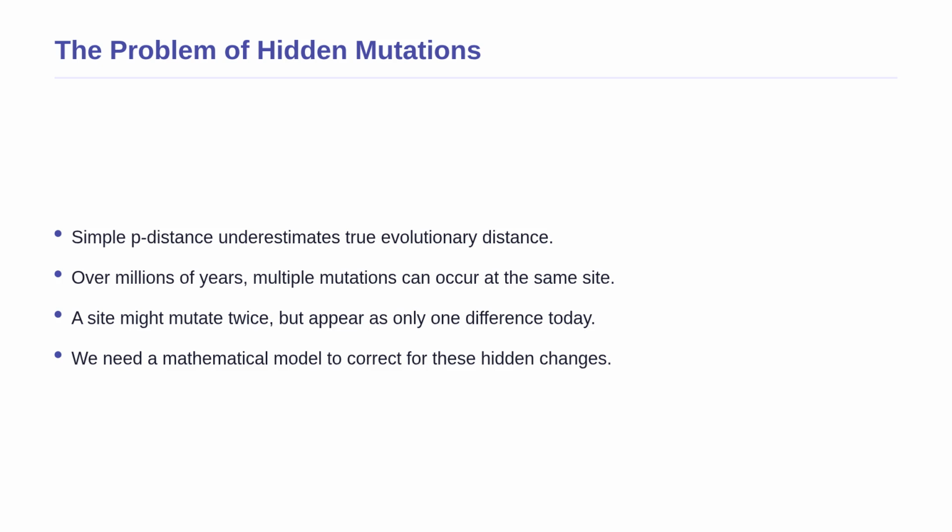For instance, a nucleotide might mutate from A to T, and then later from T to G. When we look at it today, we only see one difference, completely missing the intermediate step. These are called hidden overlapping mutations. Because of this, the raw percentage of differences we observe on our computer screen is lower than the actual number of evolutionary changes that took place. Therefore, we need a mathematical model to correct for these hidden mutations.